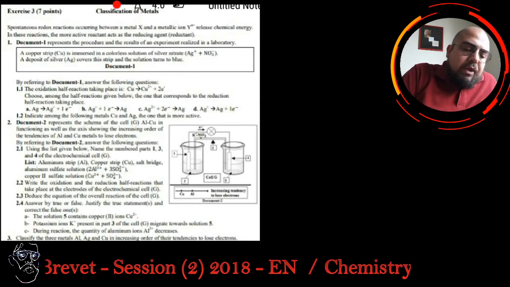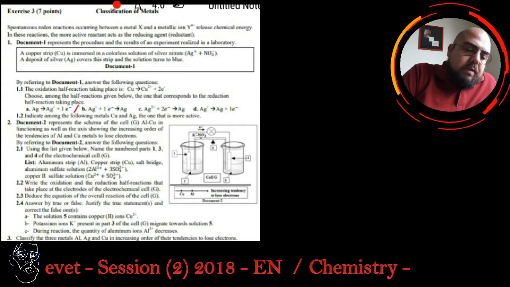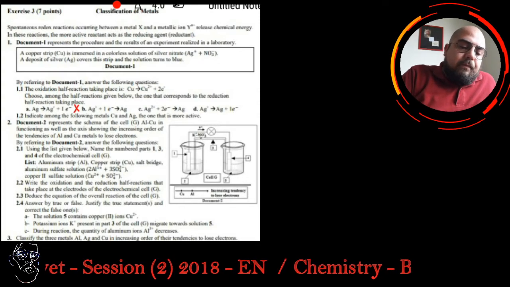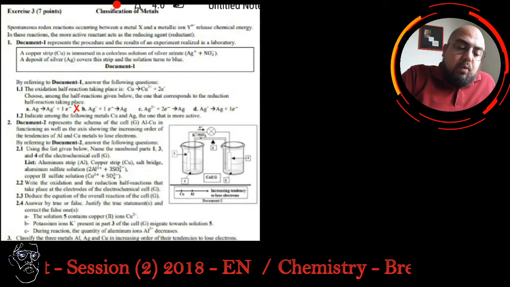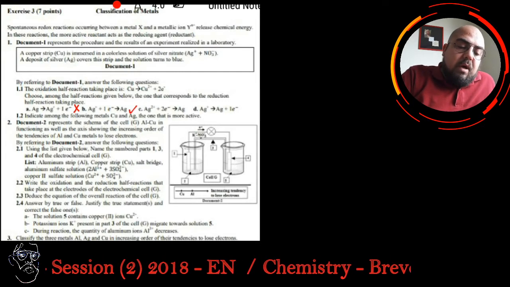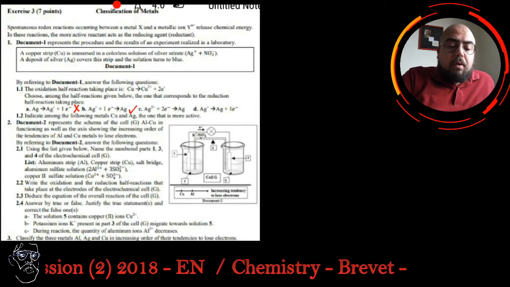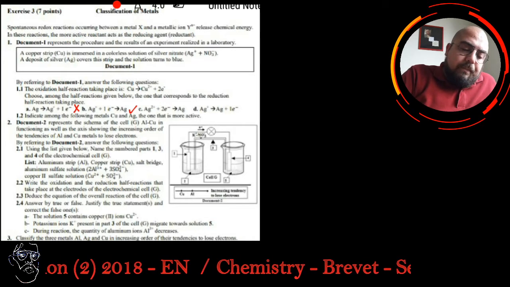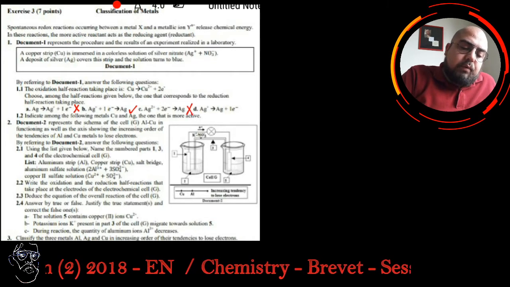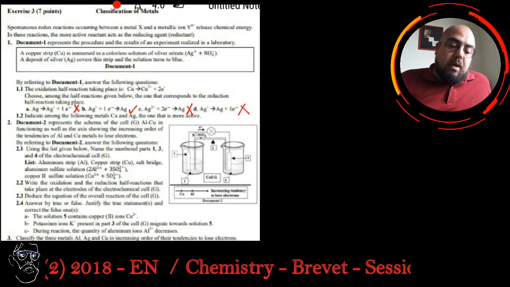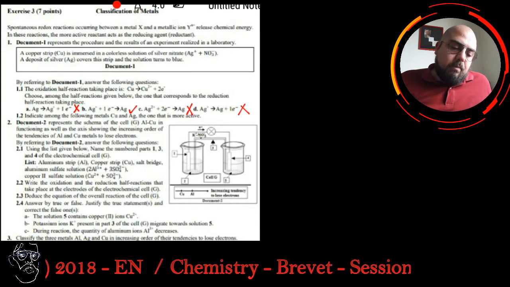The first one is Ag being transformed to Ag+, so I'm gonna forget about this one. The second one is a convenient one. The third one is Ag2+. I do not have the ion Ag2+ in this case, so I should forget about it. Even the last one, so it's the answer B.